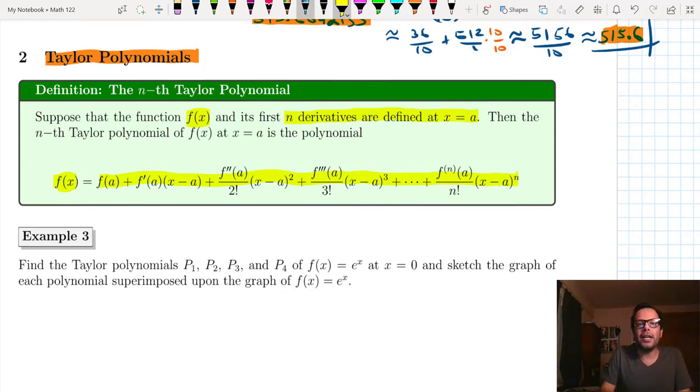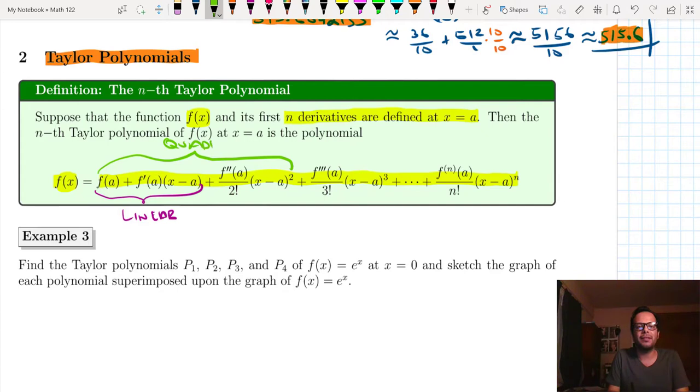Okay, let's look at each part. Okay, so the first two terms we already did. This is the linear approximation. If we use the first three terms, this is a quadratic approximation.